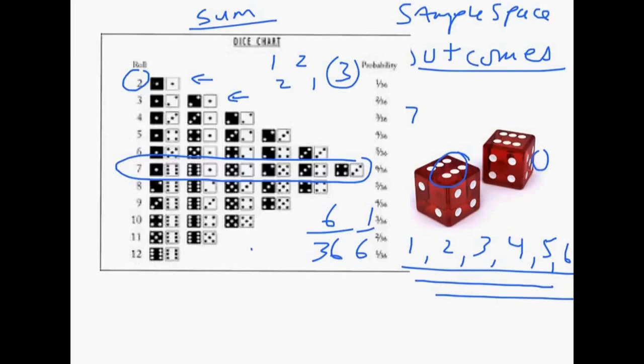So for the last homework question, could you please find the probability of rolling a sum of 10, 11, or 12.